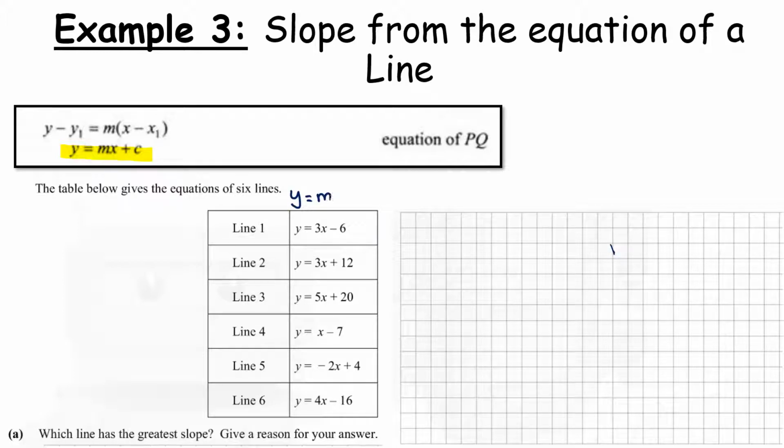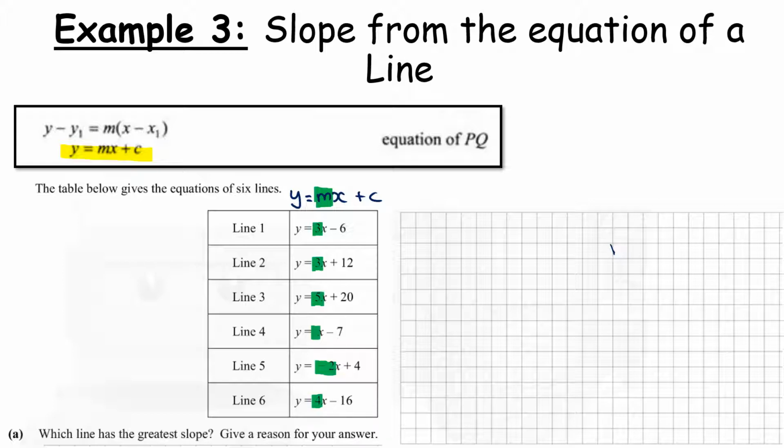And basically, when I'm given an equation in the form of y equals mx plus c, there's 2 things I can pick out very quickly. The first is the slope, m. It is the coefficient of x. So here I have 3, 5, we'll talk about this one in a second, minus 2 and 4.